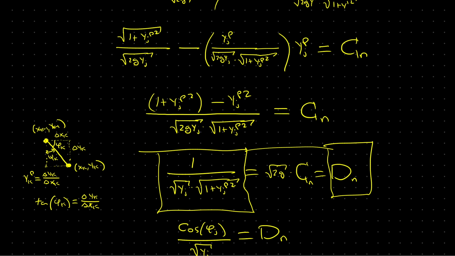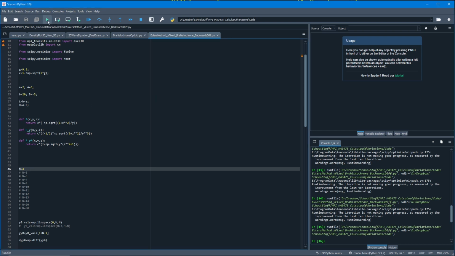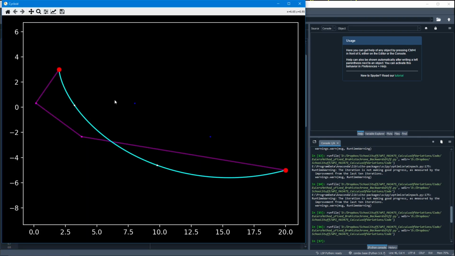So we'll start here with 4 points. This n equals 4. And with 4 points, you see that that's not a super nice discrete version. The exact solution is this cyan curve right here.